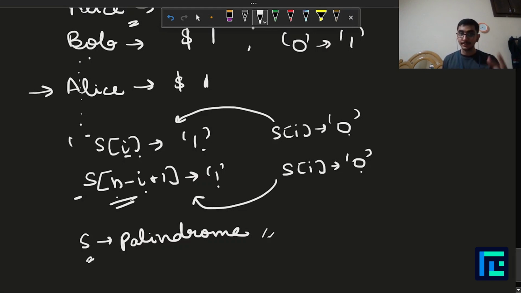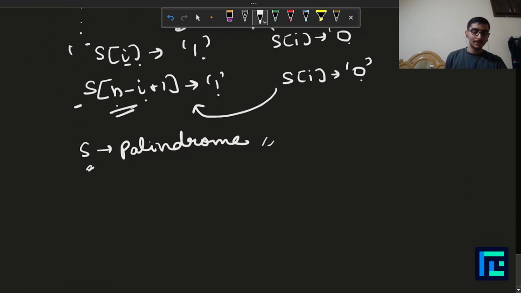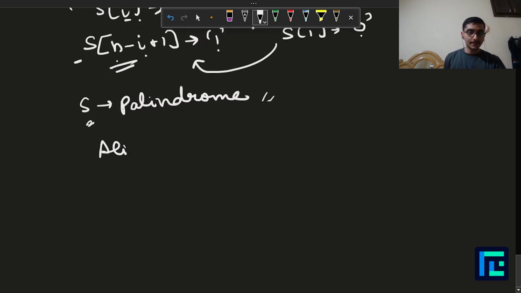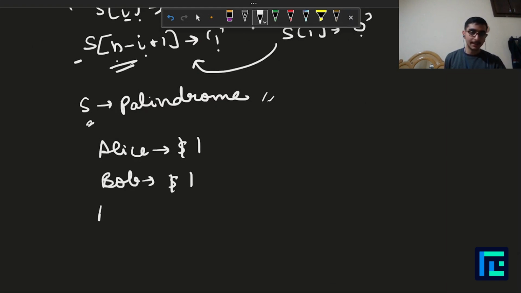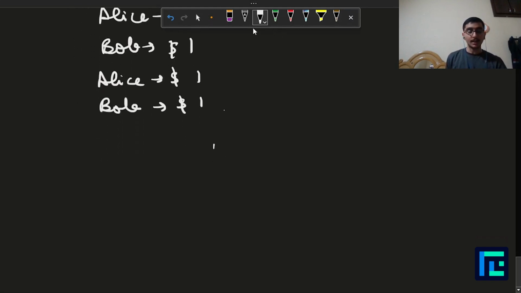So she has to still pay $1 and again convert some 0 to a 1. Now Alice pays $1, Bob pays $1, again Alice pays $1, again Bob pays $1, and this game will continue until there is only one zero left.